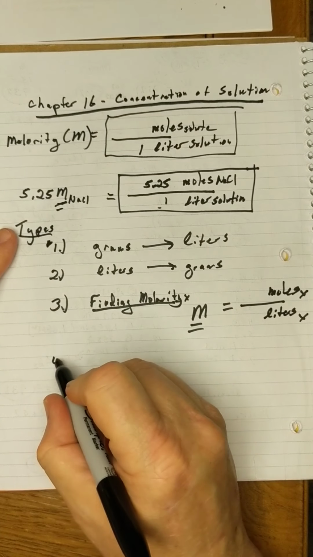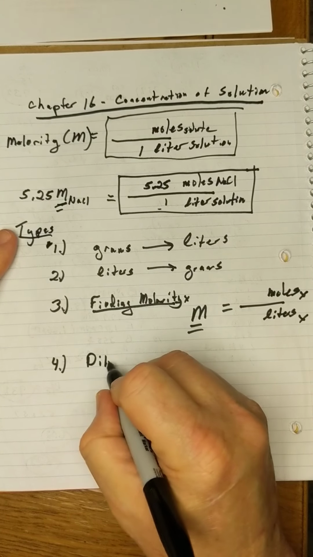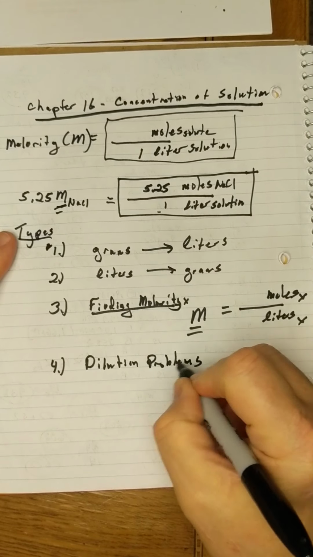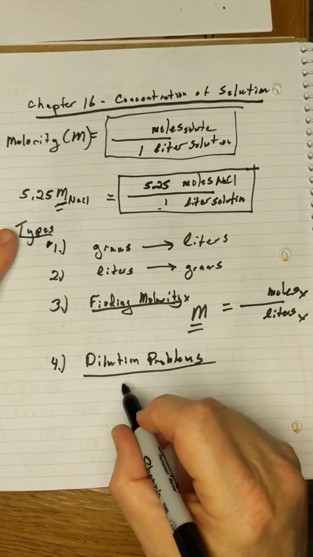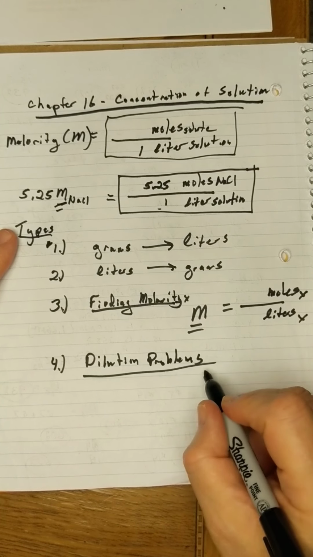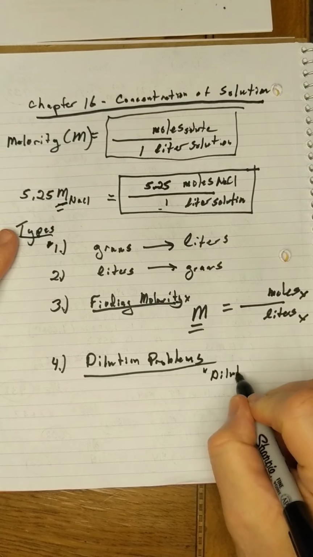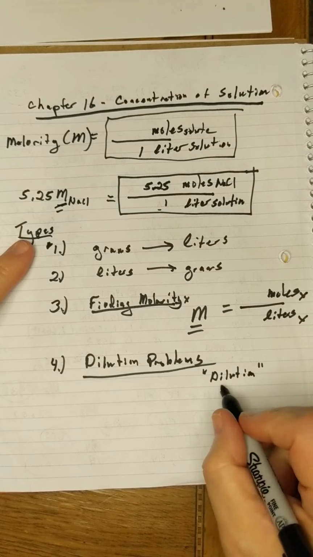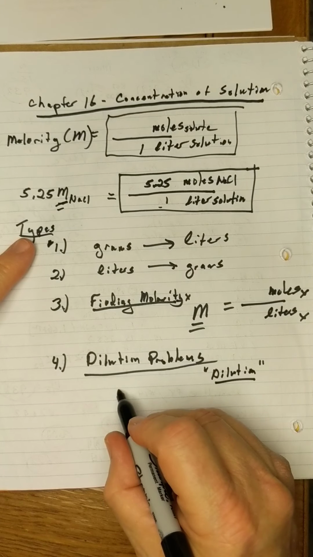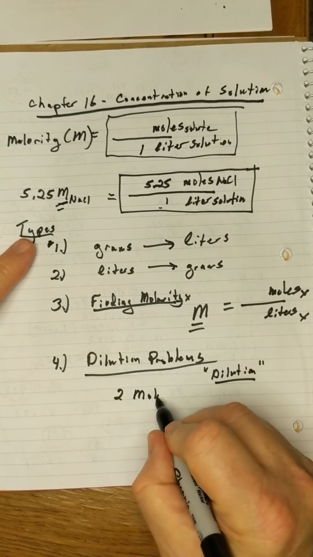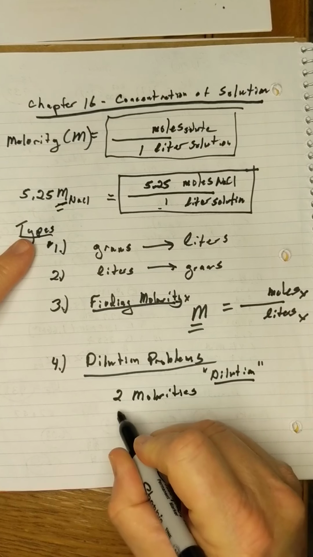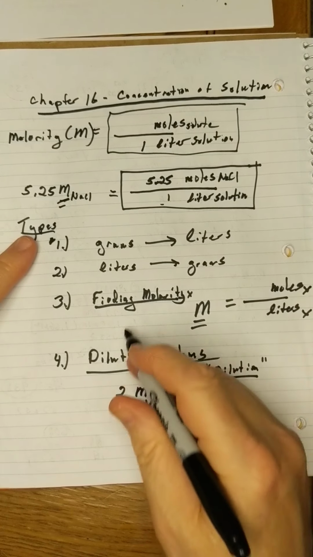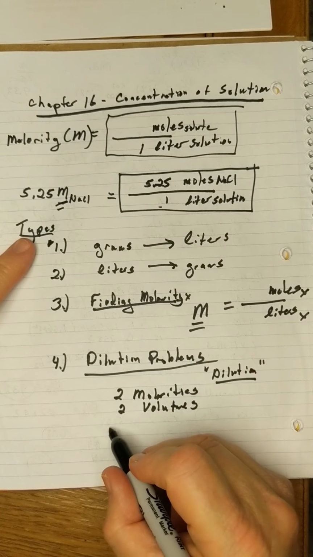And number 4 will be dilution problems. If you see the word dilution, although it can be in a molarity problem, and you have 2 molarities and 2 volumes, the solution to a dilution problem is very easy.